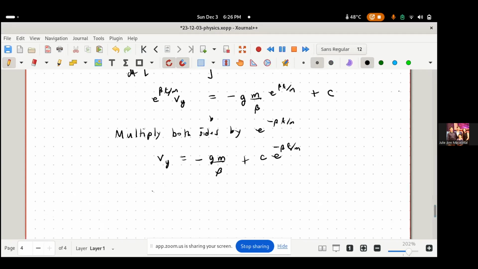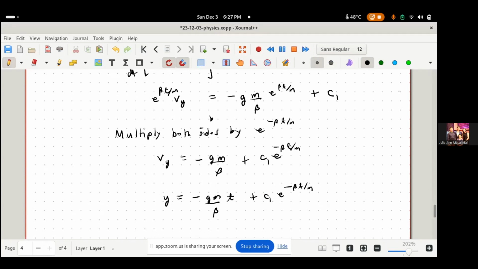So x of t, so y must be negative gm over beta times t. Tawagan itong C1. So C1 e to the minus beta t over m.